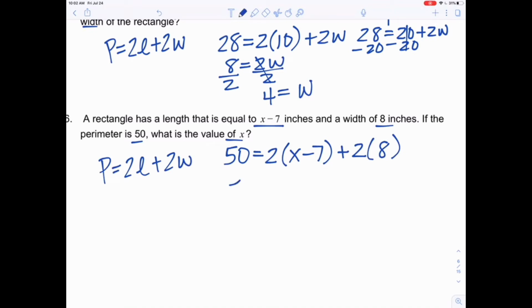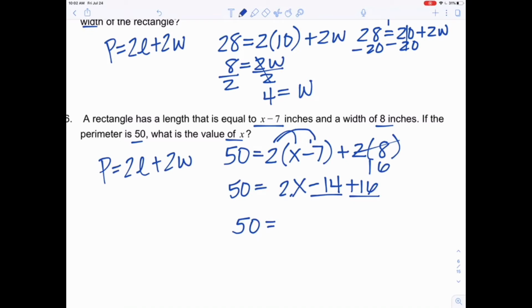So 2 times 8 equals 16. Let me rewrite this here. And let me distribute here. 2 times x, 2x. 2 times negative 7, negative 14. And I still have my plus 16. So here, negative 14 plus 16 gives me positive 2. So I'm going to rewrite this: 2x plus 2.